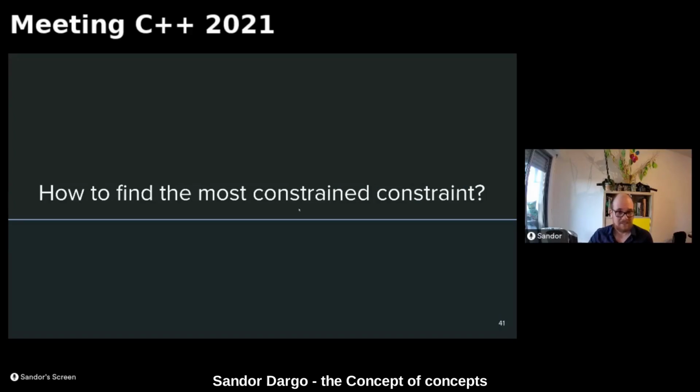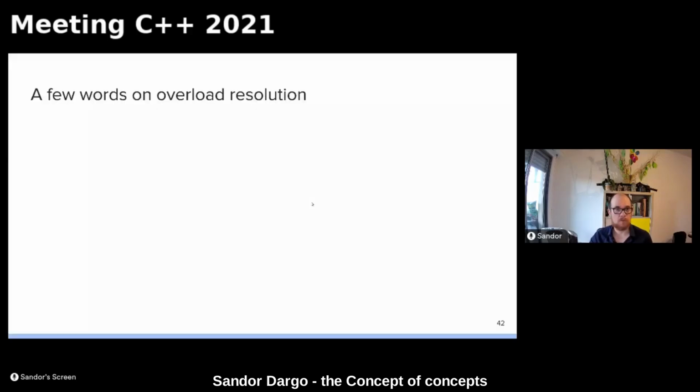And now let's discuss how to find the most constrained, before we go back to writing our own constraints. So we have to say a few words on overload resolution. It's always the most constrained candidate that is the best.